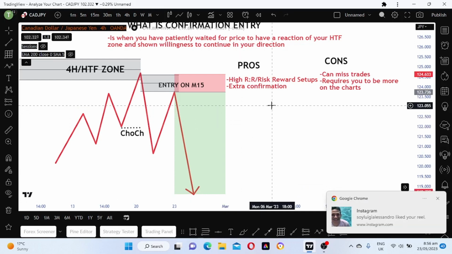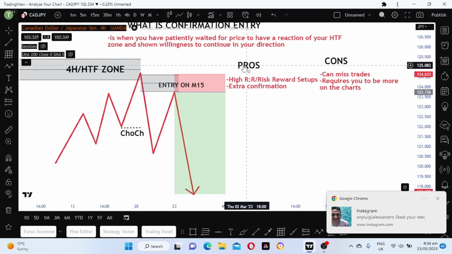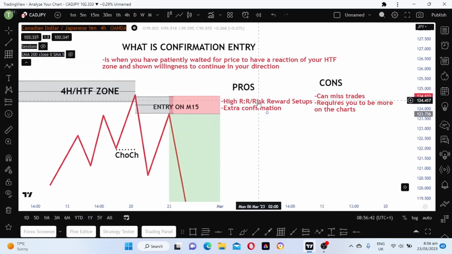Now here are the pros of this confirmation entry. High risk reward ratio setups. You get more high risk reward ratio setups, guys. And also the good thing about this one, you receive an extra confirmation.